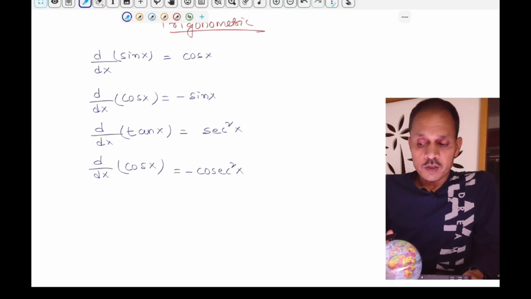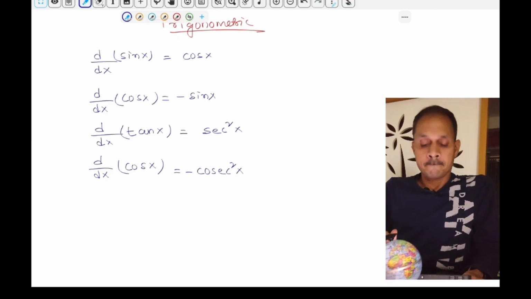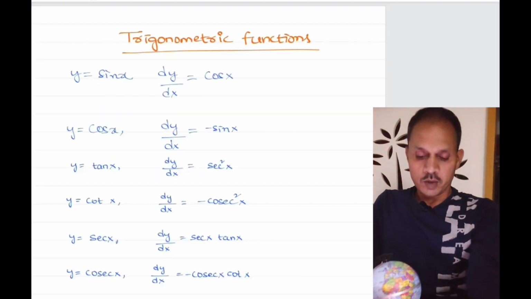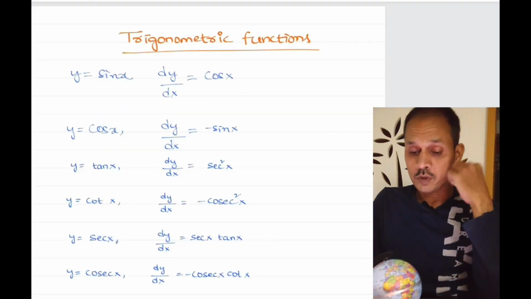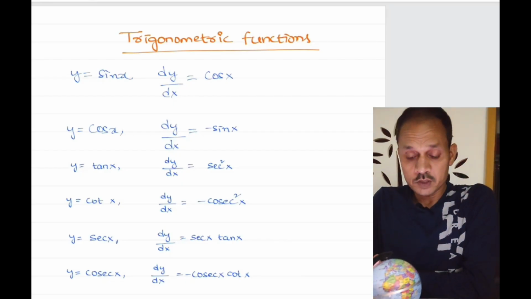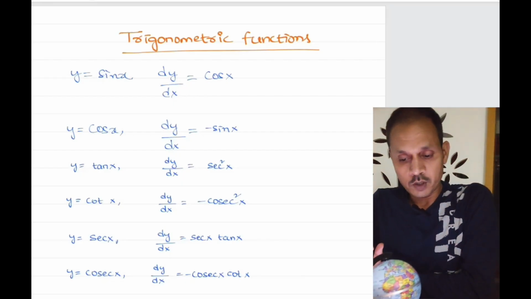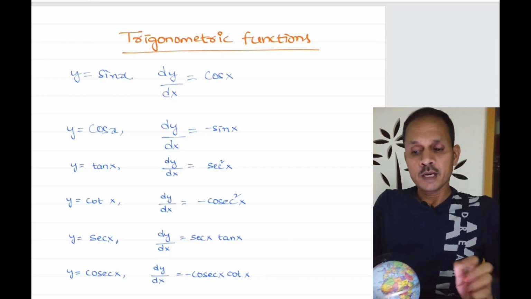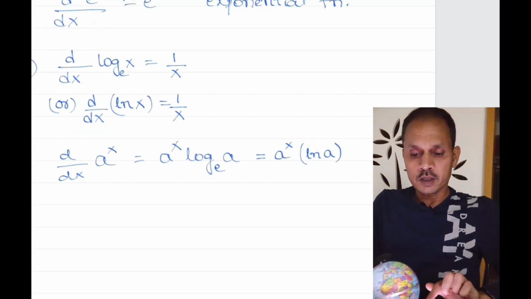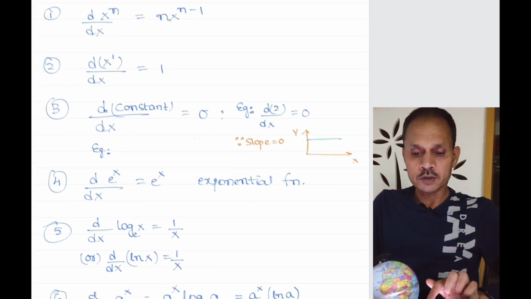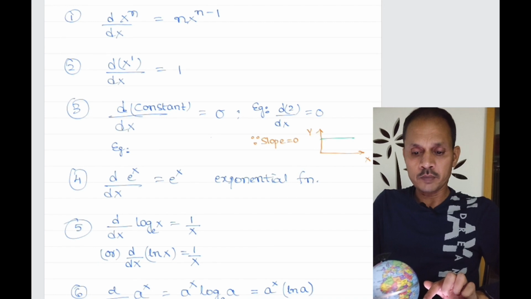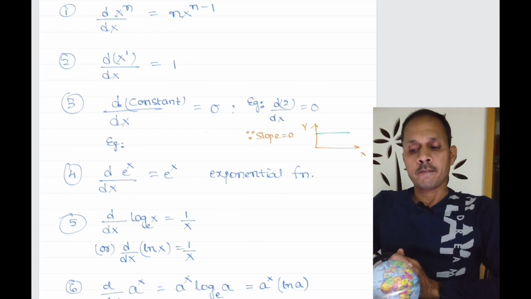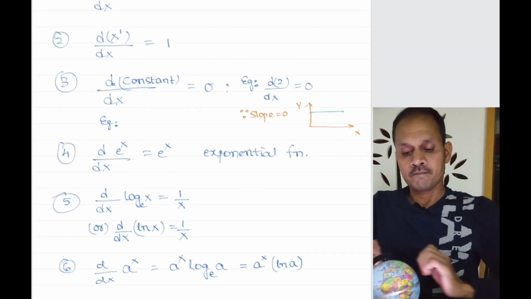These are some important equations to remember. So I am displaying all the trigonometric equations here. You can pause and note them down. Similarly, I'll show you some algebraic equations also. You can just note them down by pausing the video.